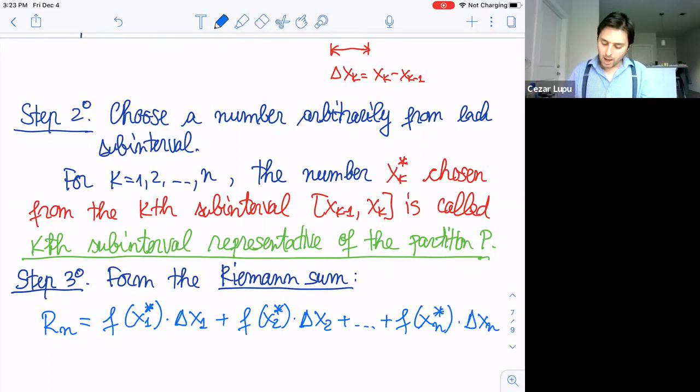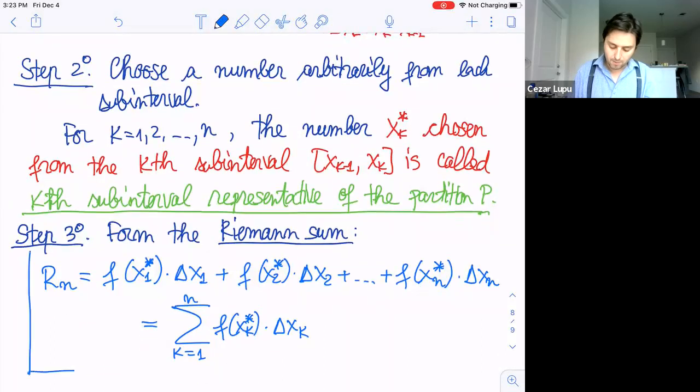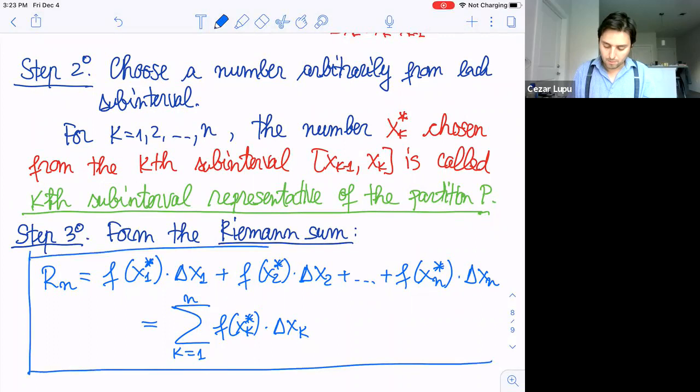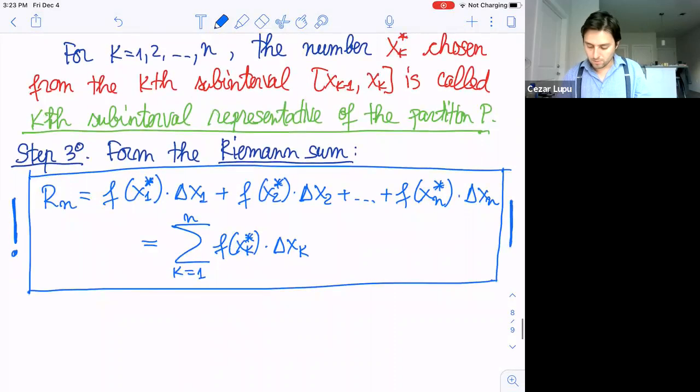Or if you want to write this with the sigma notation, this would be the sum from k equals 1 to n of f of xk star times delta xk, right?